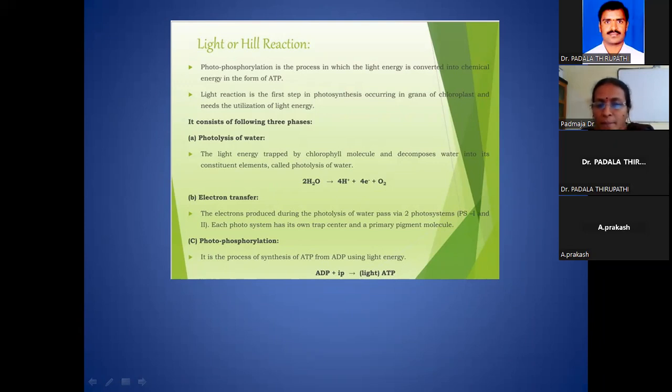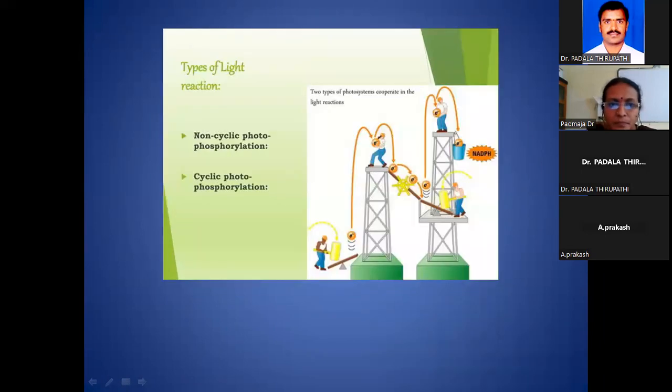So this ADP, adenosine diphosphate, combines with inorganic phosphate to give rise to ATP. This is the energy currency, or the power, in photosynthesis. And now, the types of light reactions: non-cyclic photophosphorylation and cyclic photophosphorylation.